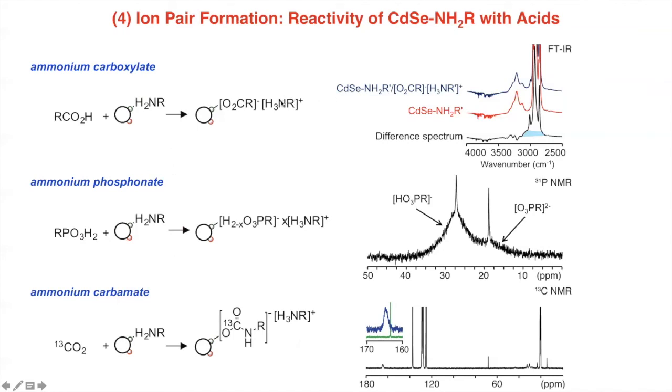And one of the ways you can do it is by hunting for the infrared vibrational resonance of this ammonium ion, which happens to fall beneath all of the aliphatic resonances of the organic ligands, but is nonetheless there. Phosphorus NMR makes this relatively easy because you can see the nice broad signals of the adsorbed phosphonate anions. And then last is another tricky reaction that most people are kind of unaware of. Primary amines react with carbon dioxide to make ammonium carbamates.